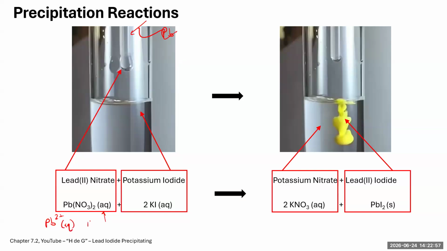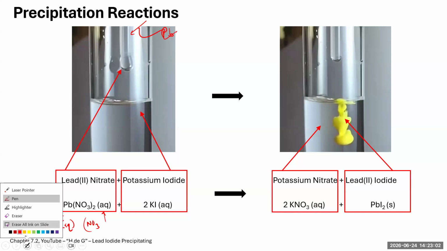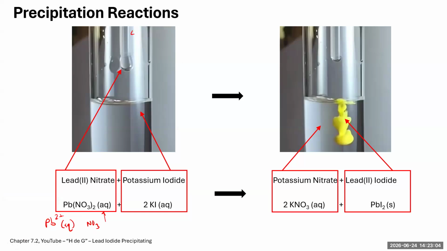That's Pb 2 plus aqueous, and then NO3 1 minus, aqueous. Those are floating around there. Potassium iodide is floating around here too, K 1 plus aqueous, I 1 minus aqueous.